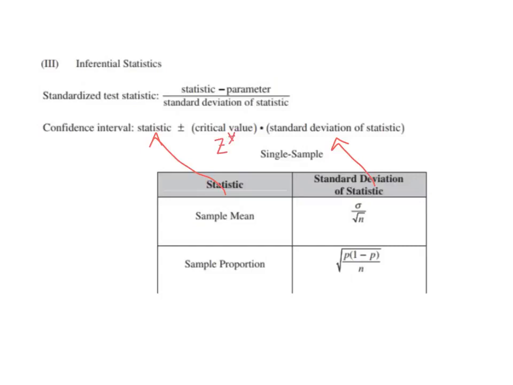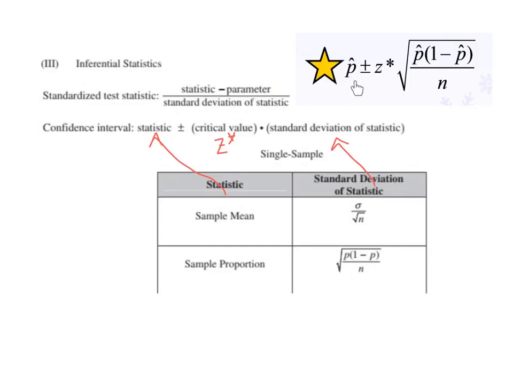So from the previous video, you saw the formula that we use for the snow plowing problem, and I just wanted you to see, okay, p hat, so a sample proportion, goes here, plus or minus the Z statistic value we looked at in the table, and then the standard deviation of the statistic is from right here. So you don't need to necessarily memorize the formulas, you just need to know how to fill in the blanks: statistic, critical value, and that.